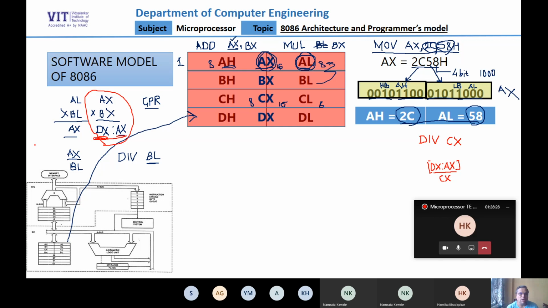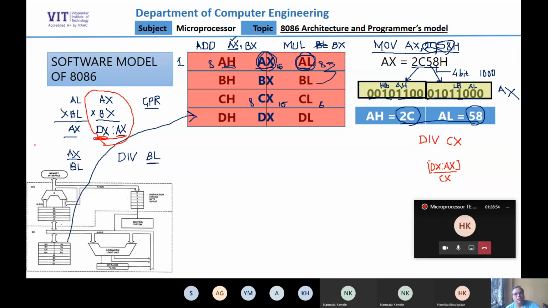If I want to divide any number by an 8-bit number, then the numerator has to be 16-bit, and by default it is AX. Or if I want to divide any number by a 16-bit number, that means the denominator is 16-bit, then I have to have a 32-bit numerator, and in this case DX will by default combine with AX to form a 32-bit numerator.